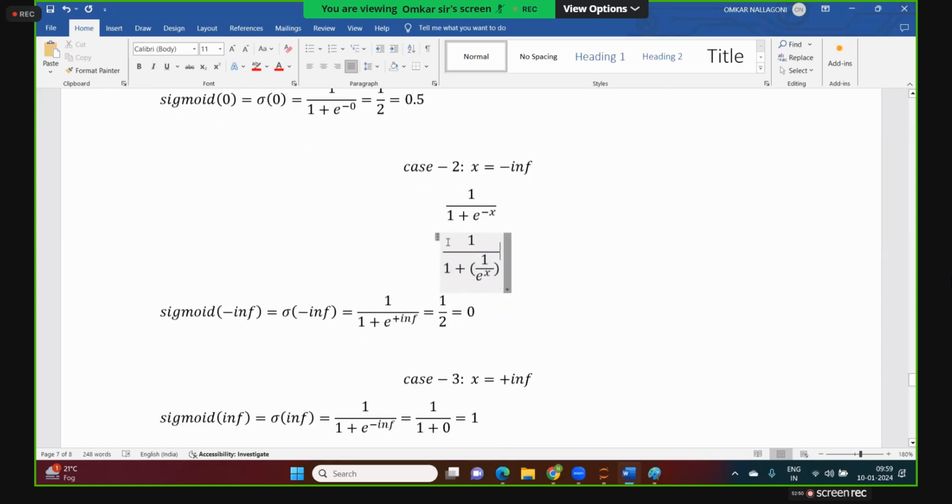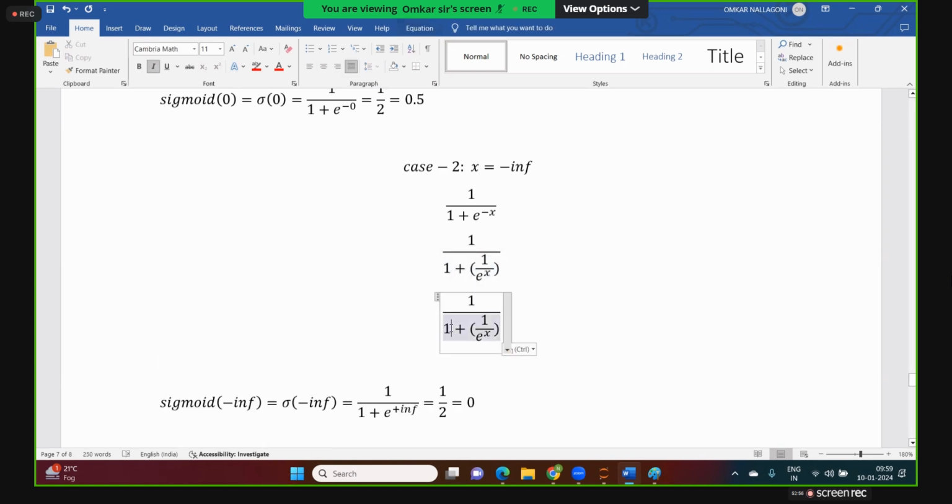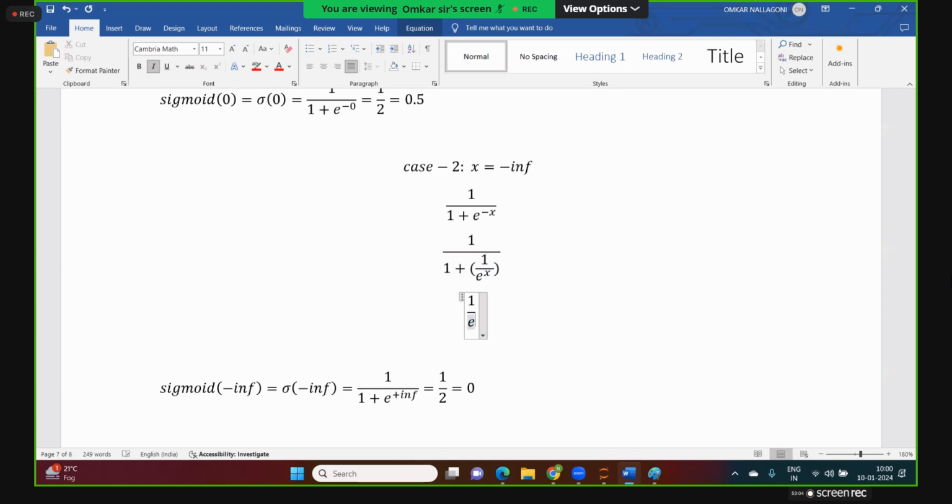Next part, it will become like this: 1 plus, concentrate only on the denominator, it will become e power x plus 1 divided by e power x.